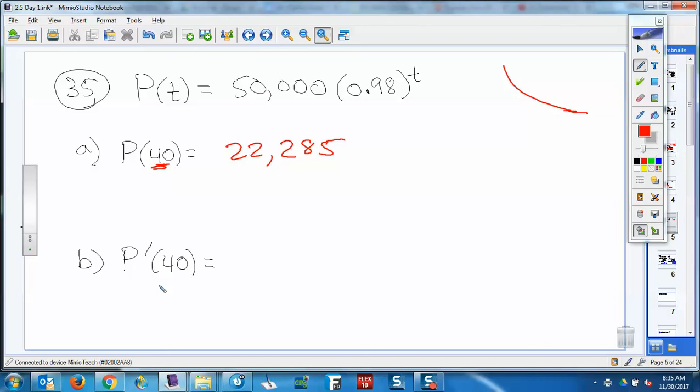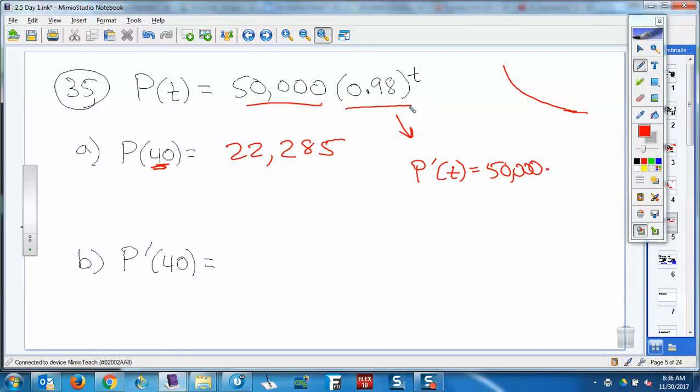P prime of T in this case, right? So now our rule would be there'd be a T on the bottom here with respect to T. That just means T's are variable, right? Our input variable. So we need P prime of T. So P prime of T, well, what do we got? We got a number just hanging out in front. So that's just going to hang out there.